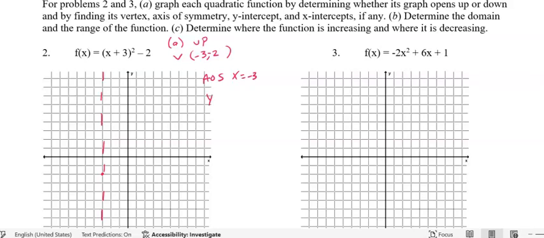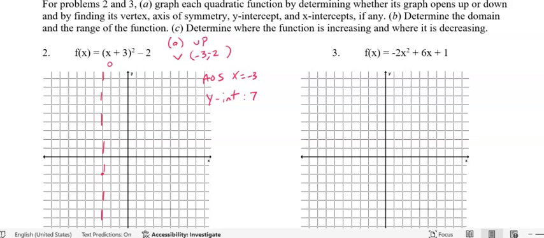The y-intercept, can't really see the y-intercept in vertex form, but if we want the y-intercept anytime, we can just let 0 replace x and simplify. So if we let x be 0, that's 3 squared, which is 9, minus 2, so the y-intercept is 7.